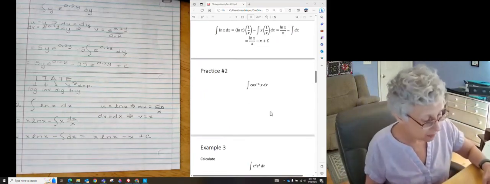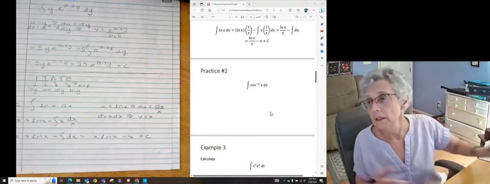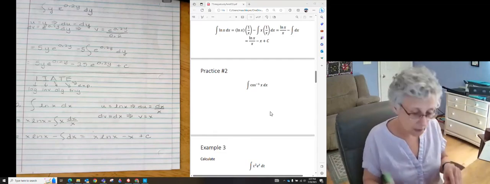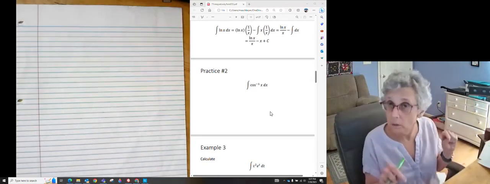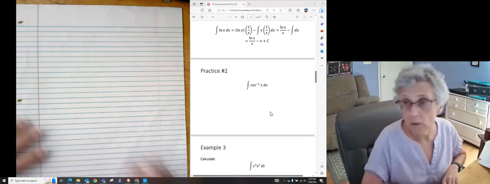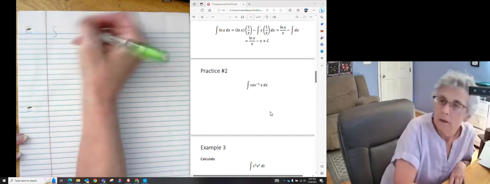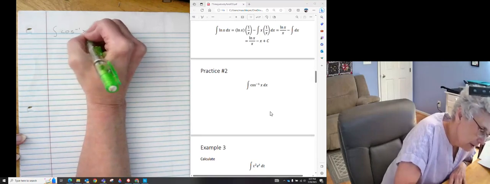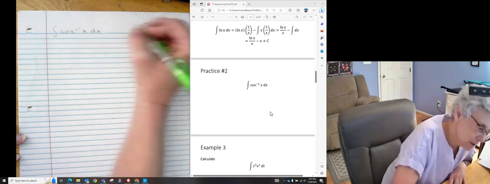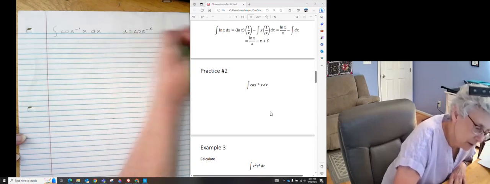And LIATE, inverse function. If we have inverse cosine, then we're going to have to let u be equal to inverse cosine. So try it on your own and then come back and we'll go through it together. We have inverse cosine of x dx. u is equal to inverse cosine.